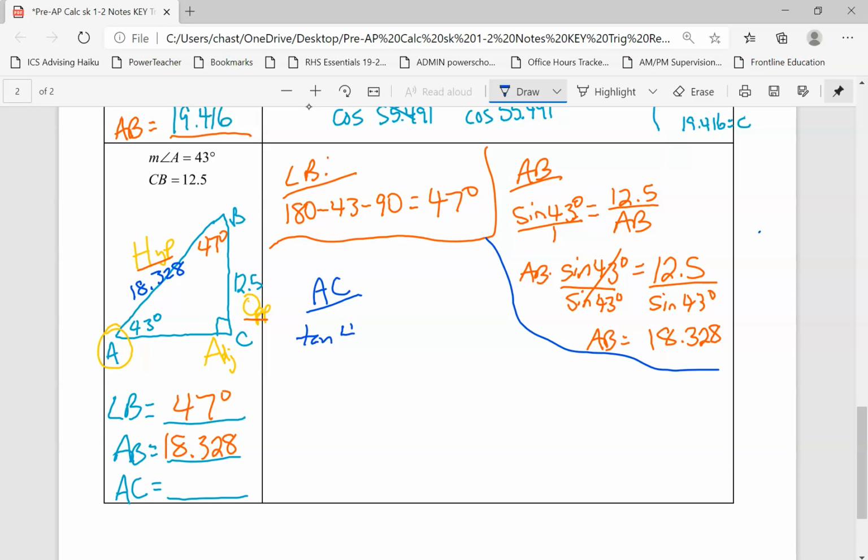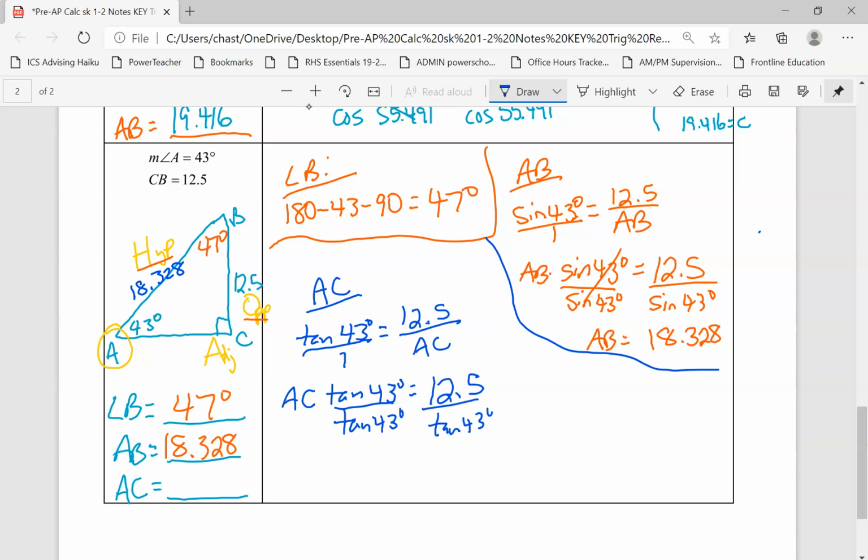Tangent of 43 degrees is equal to the opposite side, 12.5, divided by the adjacent side, which is AC. Cross multiply, so AC times the tangent of 43 degrees equals 12.5 times 1. Divide both sides by tangent of 43 degrees. And AC is 13.405.